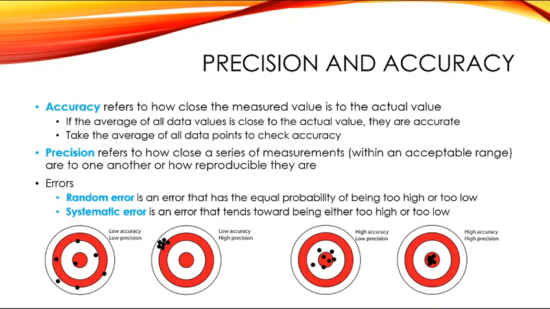The last thing we're going to discuss is errors. Random error is an error that happens equally off in either direction. What I mean is if you have that 10 gram sample and you put it on a scale and out of nowhere an earthquake happens.